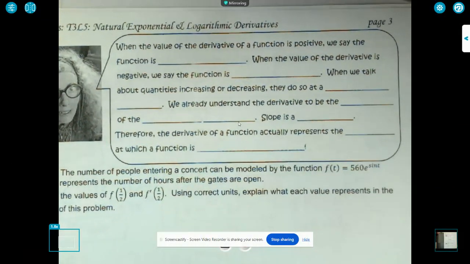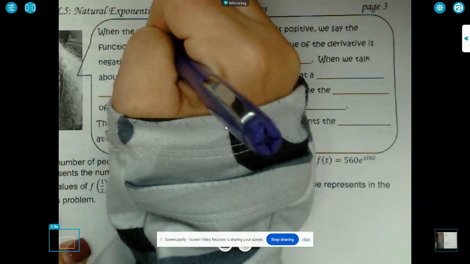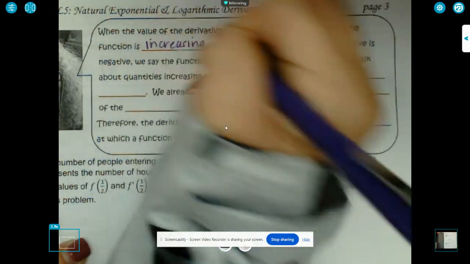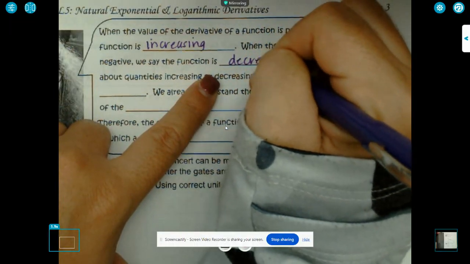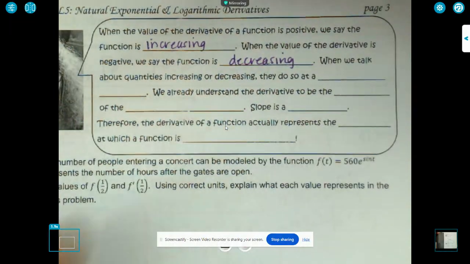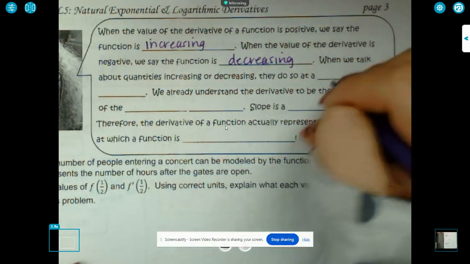When the value of the derivative of a function is positive, we say that the function is what? Increasing. When the value of the derivative is negative, we say the function is decreasing. When we talk about quantities increasing and decreasing, they do so at a certain rate.